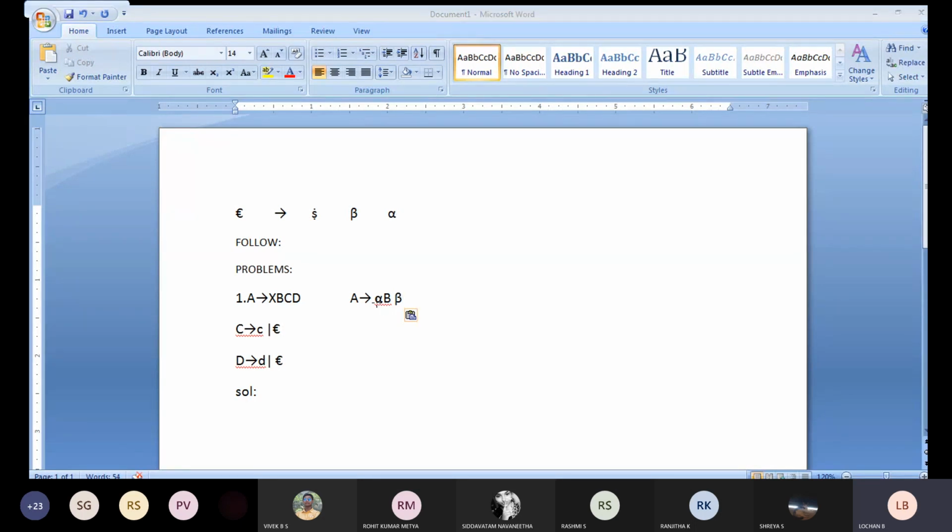So the production is of the second step form. What I am going to do in this case is follow of B, which is equal to first of beta.